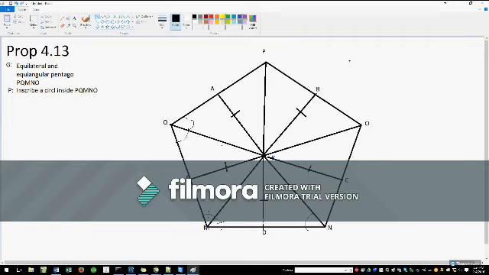Therefore, those five aforesaid straight lines are equal. Therefore, the circle described with center K and a distance any of the straight lines AK, KB, KC, KD, or KE will pass through the remaining points.